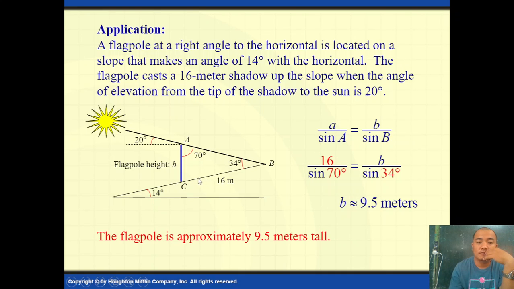I'm just trying to figure out where we got 34 degrees. Clear, angle A is 70 degrees. This is 14.